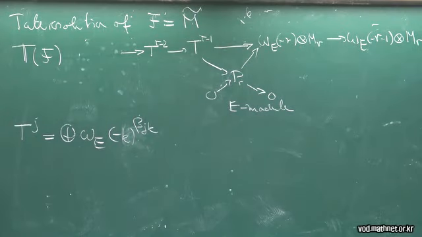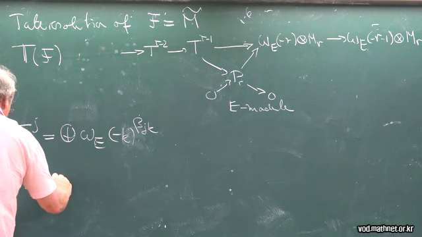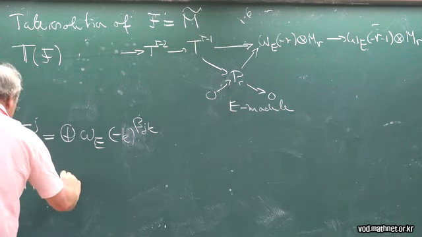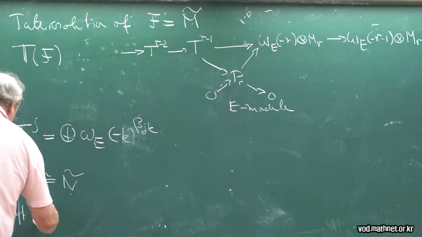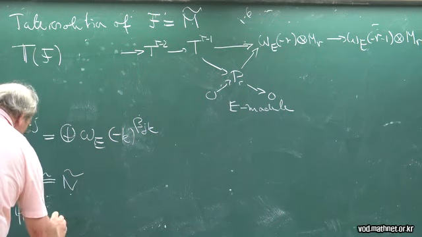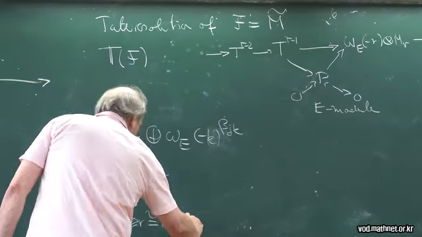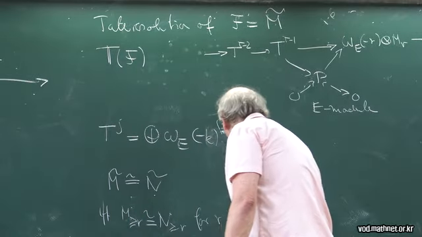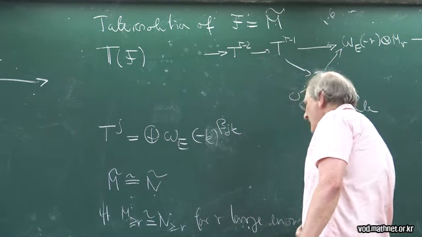It really only depends on the sheaf, right? M tilde is isomorphic to N tilde if and only if M greater equal to r is isomorphic to N greater equal to r for r large enough, by Serre's theorem.